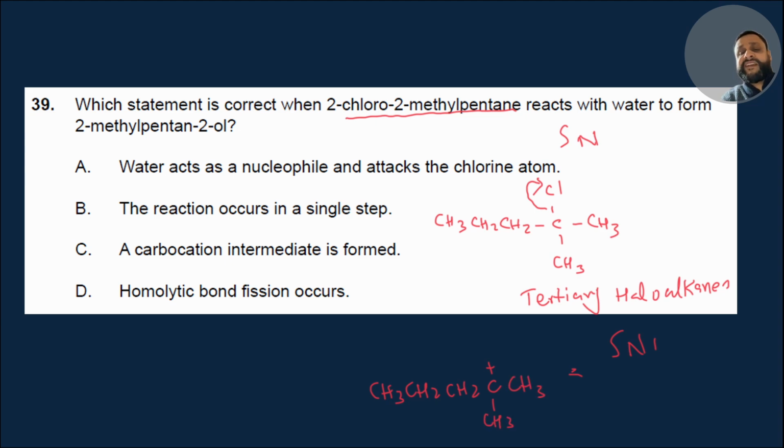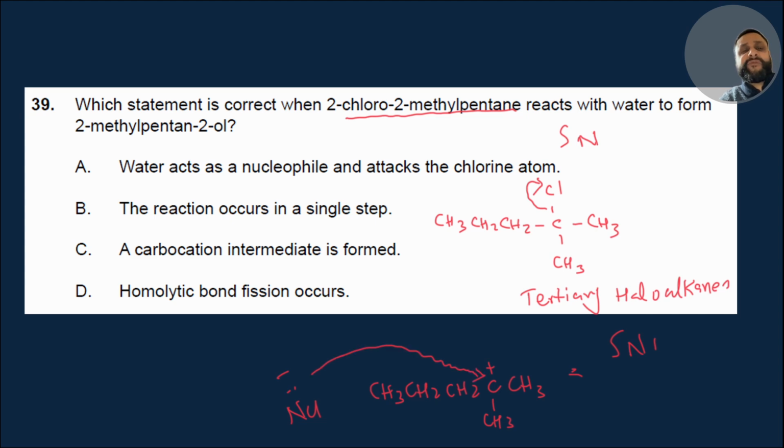A carbon which has a positive charge is called a carbocation, so that is the intermediate. And in the second step, the nucleophile will attack. A nucleophile can attack that carbon which has a positive charge.